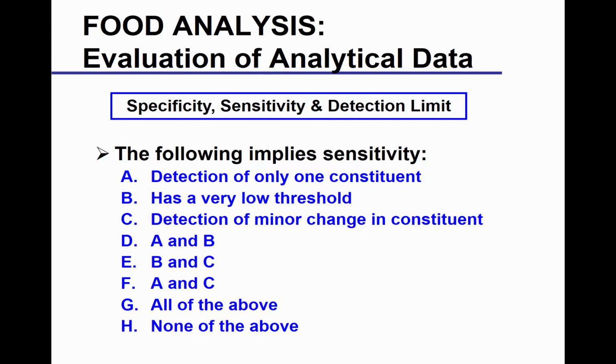You can detect a 0.01 molar difference, or you can detect a 0.1 molar difference. So the lower the value or the difference you can detect, the more sensitive your method is. Detection of only one constituent is specificity. I gave that example last time. If you're measuring total carbohydrate, it's not specific for glucose. For glucose, you need to do an enzyme assay to just determine glucose, for example.